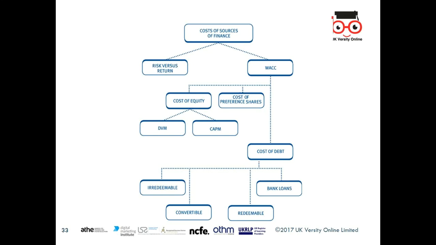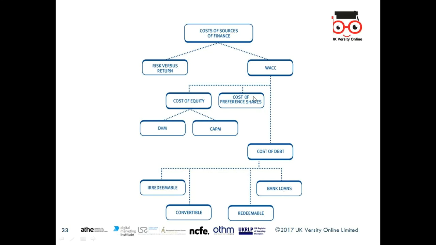The weighted average cost of capital is a technique we use where we look at the cost of equity and the cost of debt. For equity, we look at the dividend valuation model, DVM, and the capital asset pricing model. These are two techniques we use to measure, and they help to measure the risk.